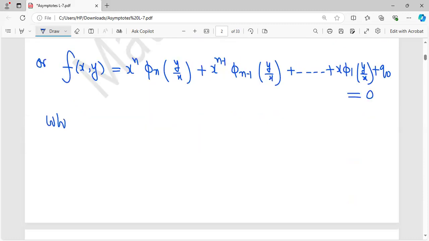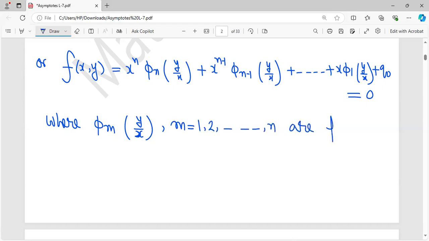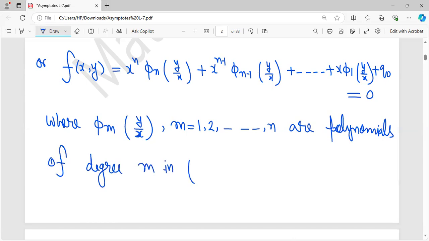So we have φm(y/x), m going from 1 up to n, are polynomials of degree m in y/x.